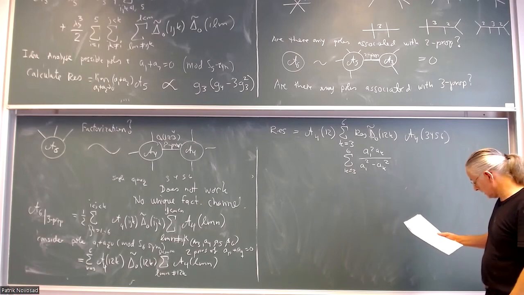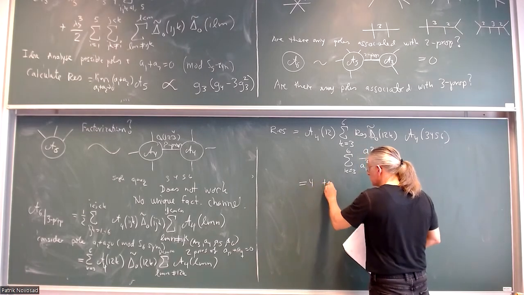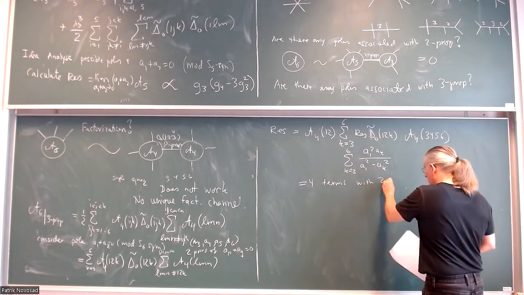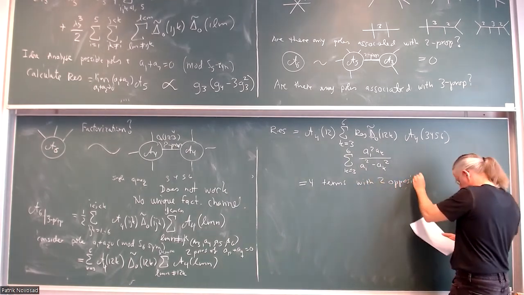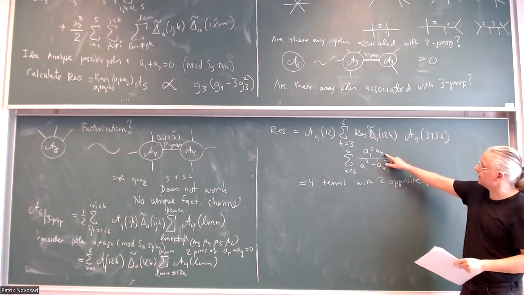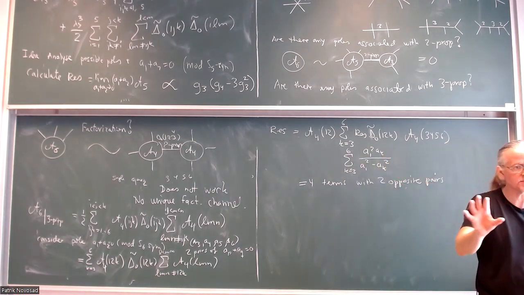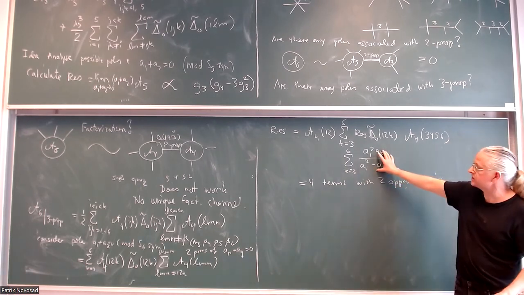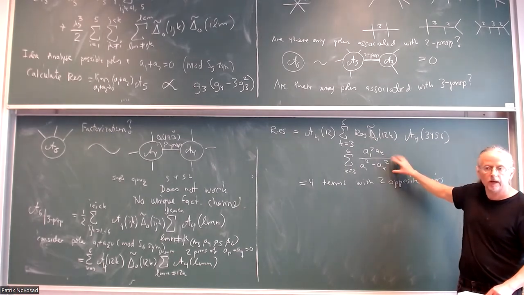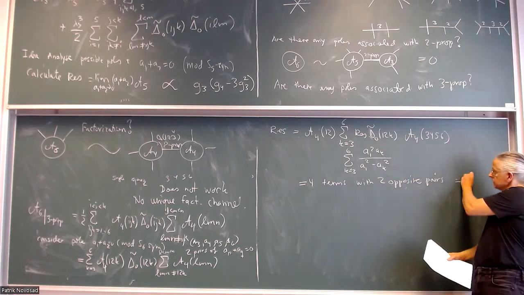So the idea is that we get 4 terms with 2 opposite pairs. So k can be from 3 to 6, but we know that the AK are two pairs of opposite variables. Therefore, we would get two terms which are opposite, because this is the first power, this is the second power, and therefore they will cancel 2 and 2. So therefore, we get that this is 0.